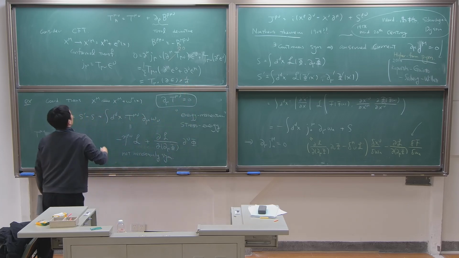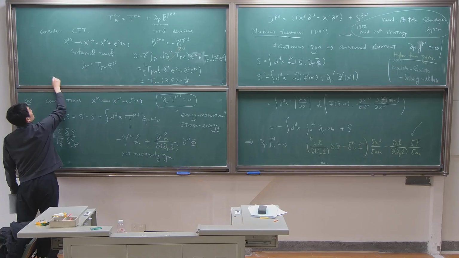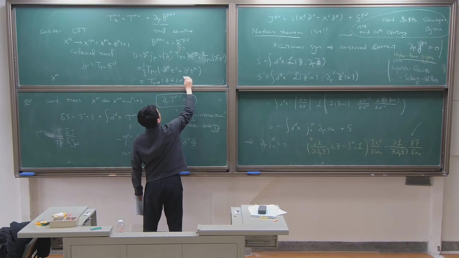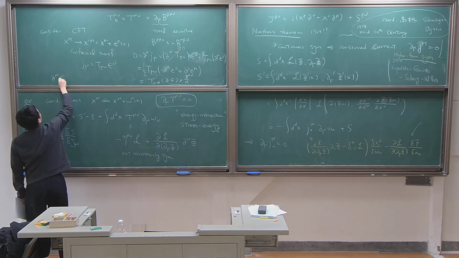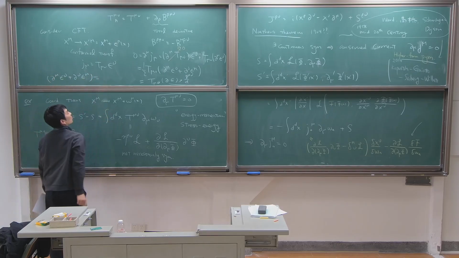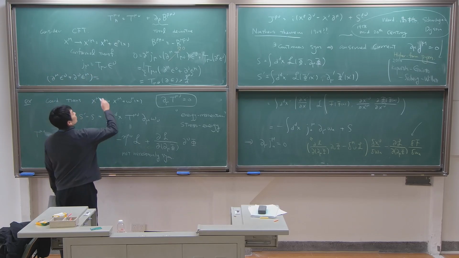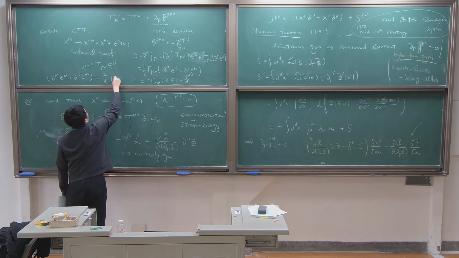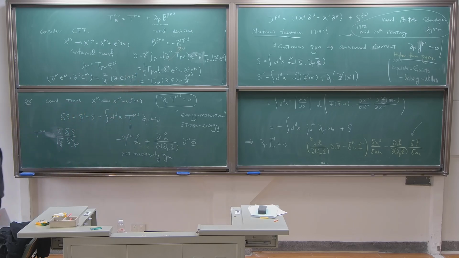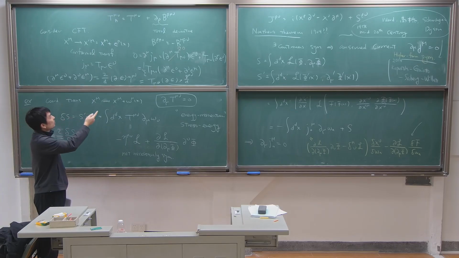The conformal transformation we learned before is something like this: the derivative of epsilon mu is equal to 2 over d times the divergence of epsilon times eta mu nu. That's what we learned before. Just plug that in here and you get this.